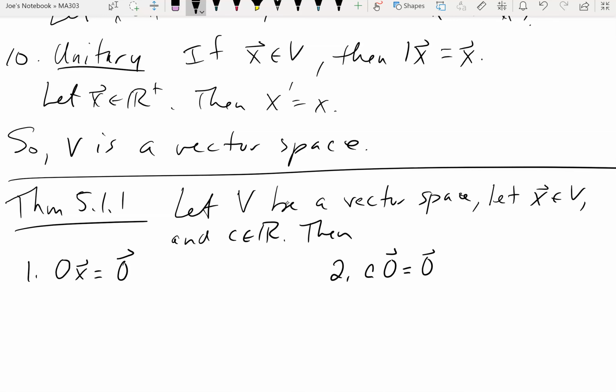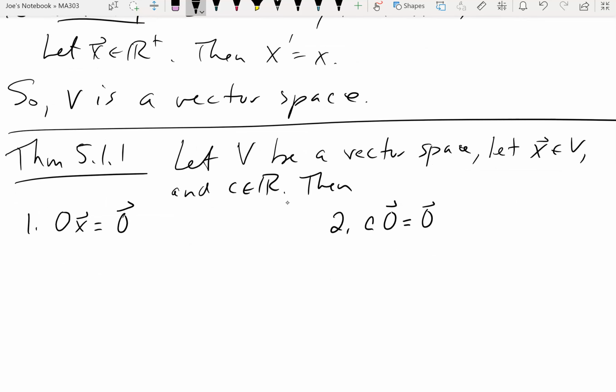Now, one of the reasons why I wrote them side by side is because the proofs look very, very much the same. When I do proofs like these, I want to make one side look like the other, right? I don't know it's an equation yet, so I can't operate on both sides. So I want to make one side look like the other, or I can start with a true statement.